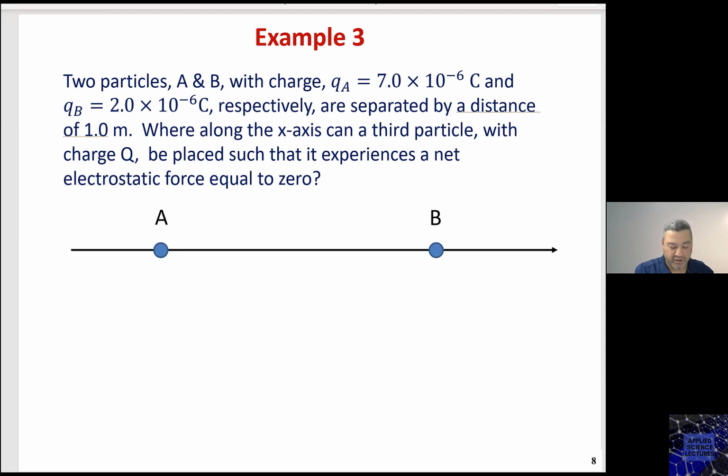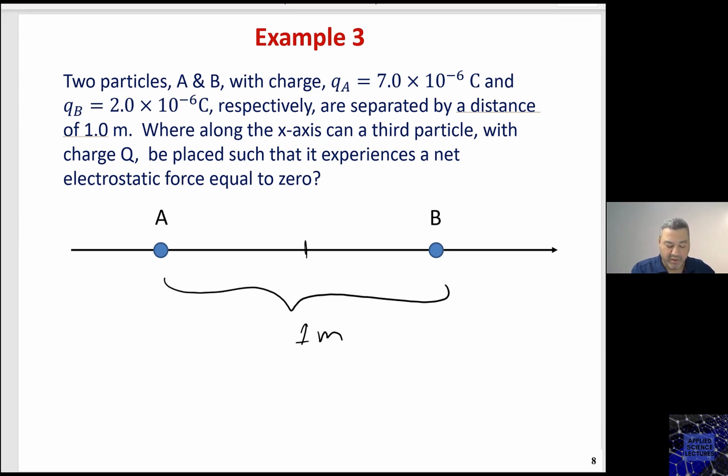So at a distance of 0.65, if this is 1 meter, and this is half a meter, it's in the same direction as I expected.